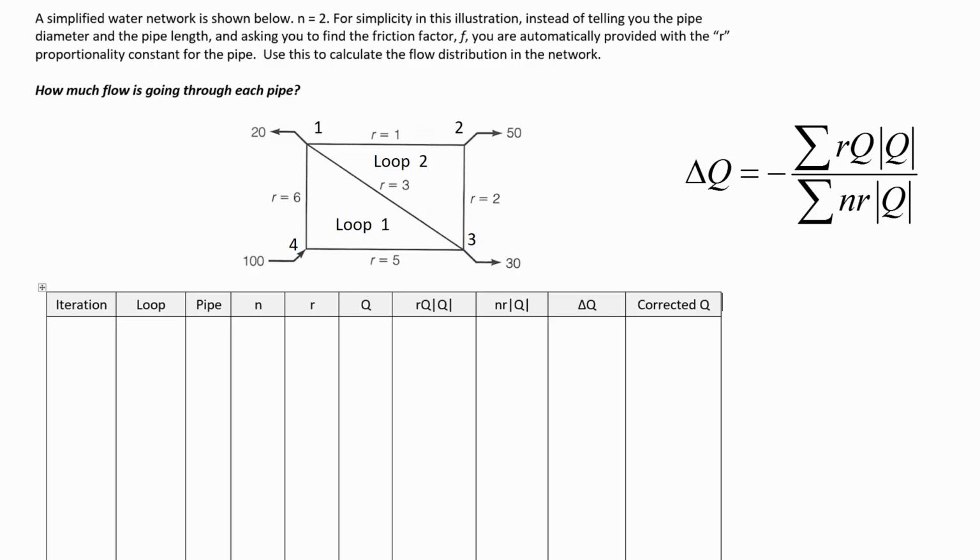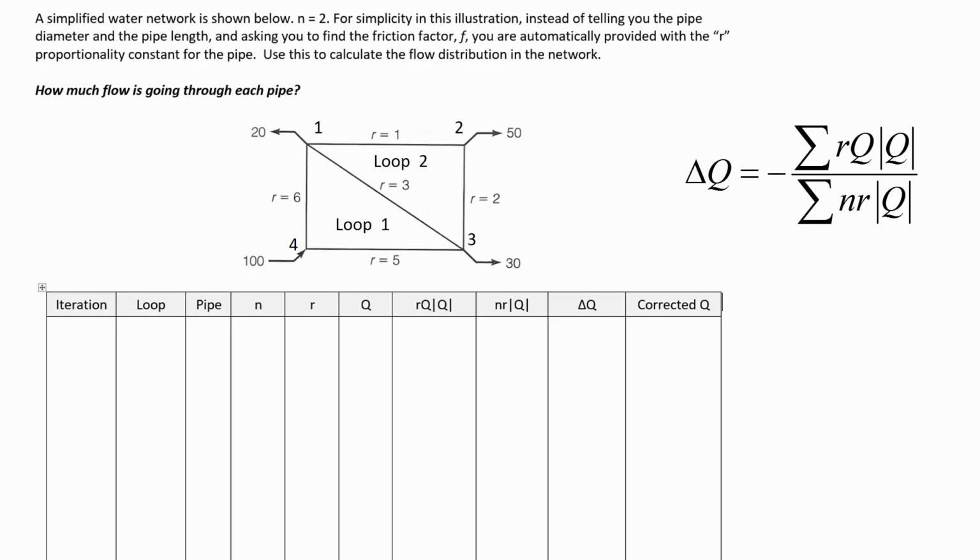So it's 50 going out here, 100 coming in here, 30, and 20 coming out. So let's say 30 goes this way, and that means how much has to be going through pipe 1-4? Has to be 70, right? Okay, so we've balanced the flow there.